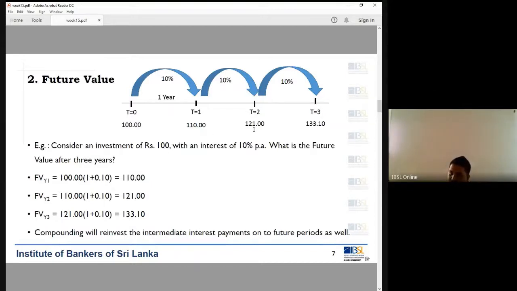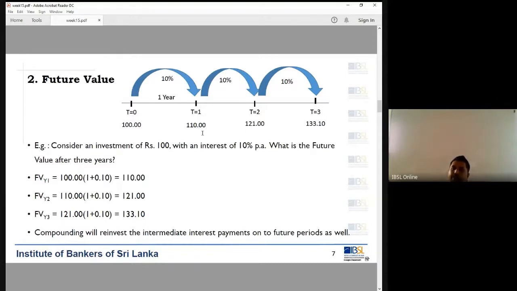The second and important point is that at year two, you're going to start with not 100 anymore, but 110. When you start with 110 and grow at 10%, obviously you're going to get a little more than 10 rupees this time. Previously you got 10 rupees here, but if you got another 10 rupees, the value here should be 120, isn't that so?